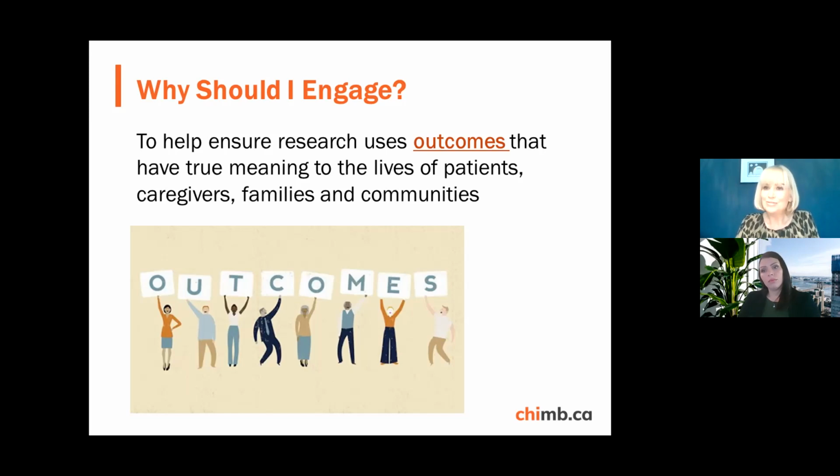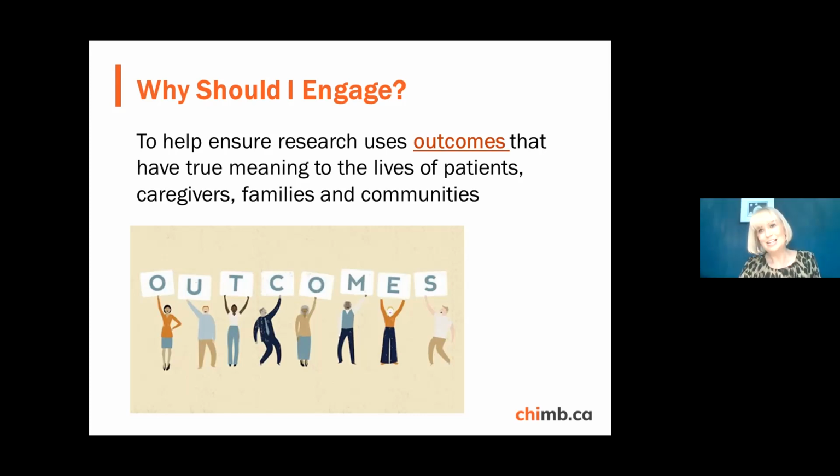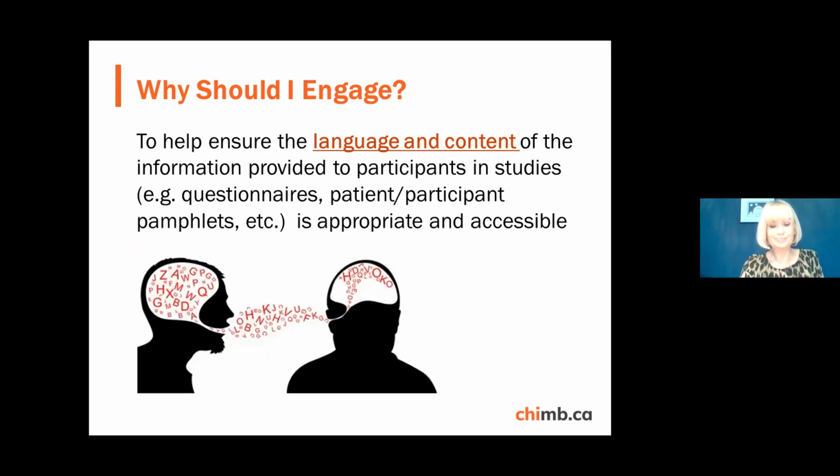And this input from patient partners actually was vital in directing the study towards an outcome that they truly cared about. So had they not engaged people, they probably would have overlooked this outcome in their study.